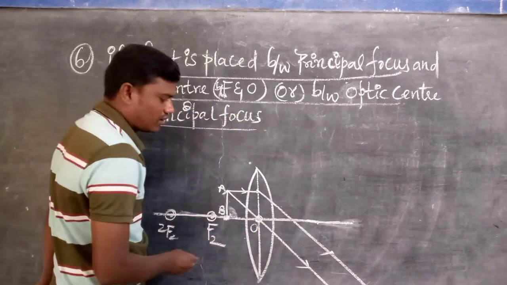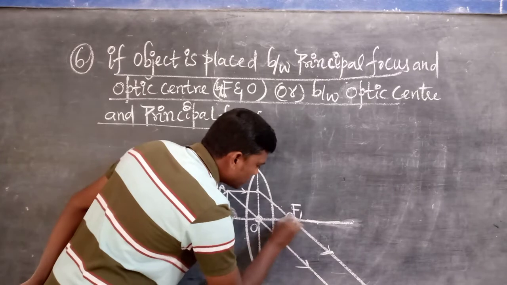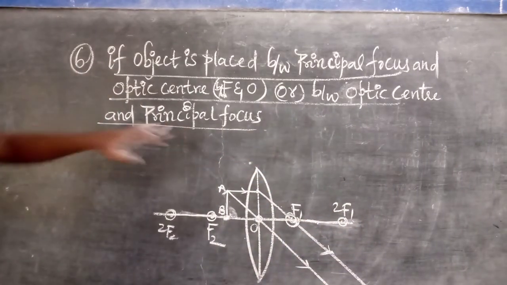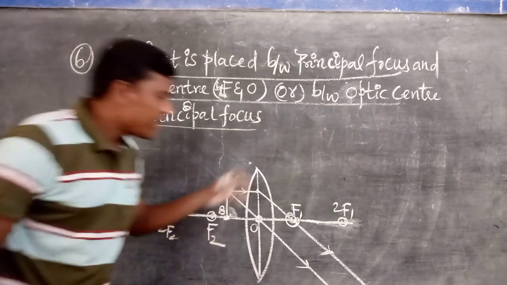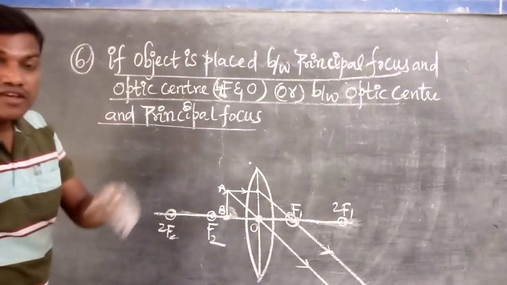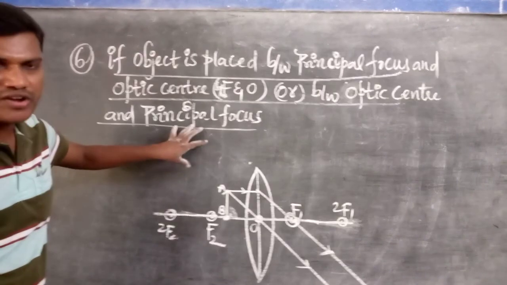So here is F1 to F. After the refraction, the rays never meet at any point. That's why, where will the image be formed? It is very, very important from the public exam point of view.